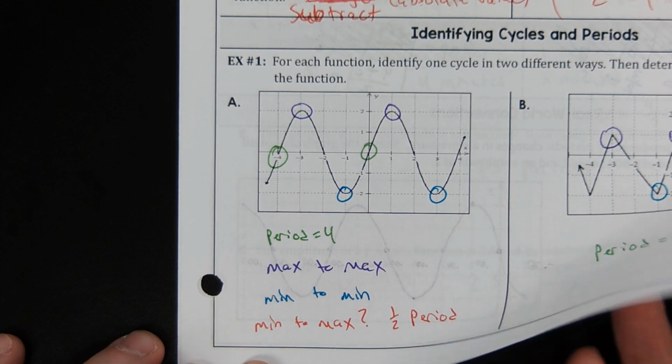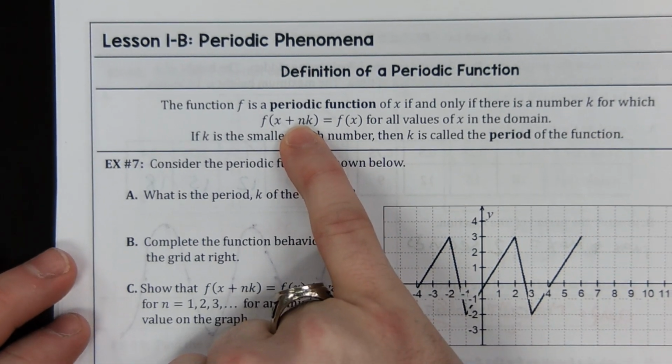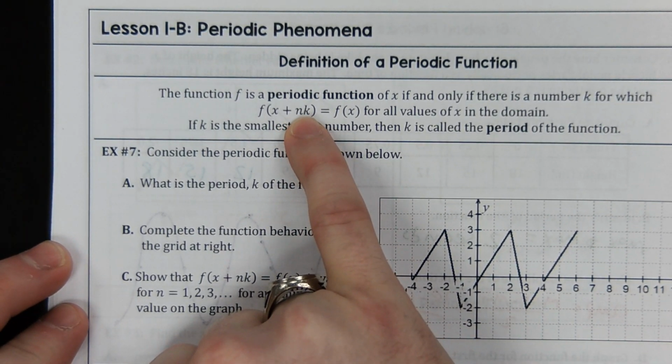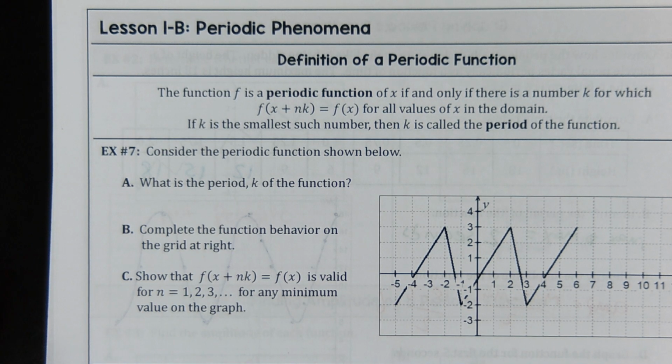And the k that you're seeing here is the period length, because literally you're shifting left or right by the period length, and it'll repeat itself. It could be 1 period, 2 periods, 3 periods, 4 periods. It doesn't matter. Any whole multiple of a period length, shifted left or right, will result in the exact same graph. That's the definition of periodic.